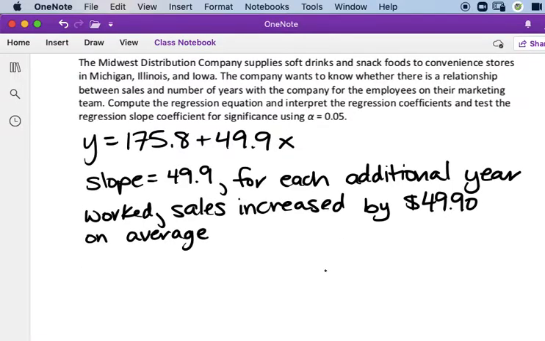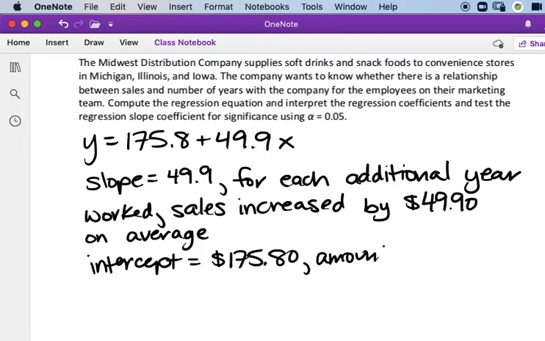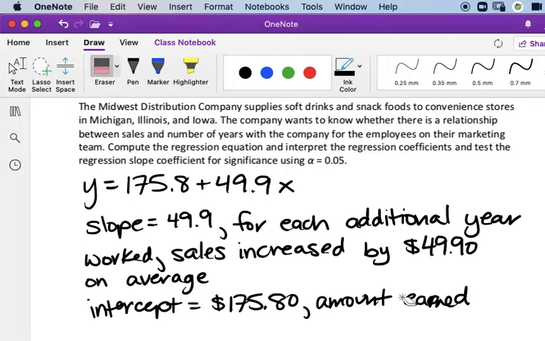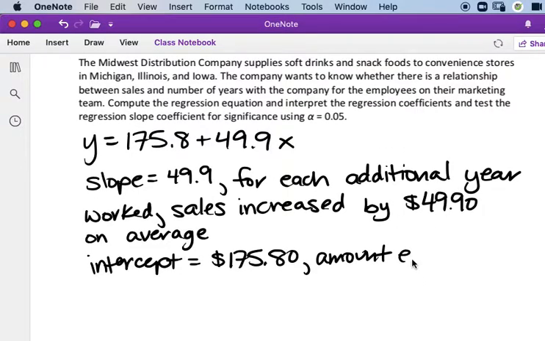The Y-intercept, or the intercept, sometimes they leave the Y off, is 175.8, or $175.80. That is the Y value, or the amount earned, when X is 0. So this would be the amount earned by someone who had just started working there.